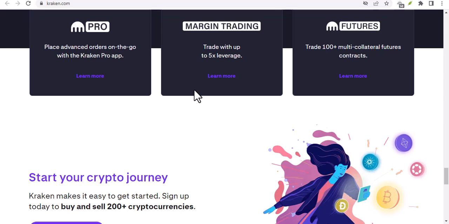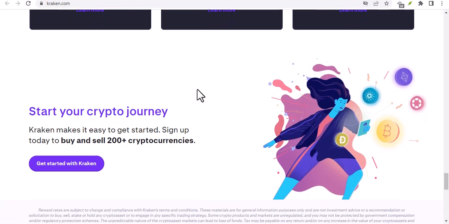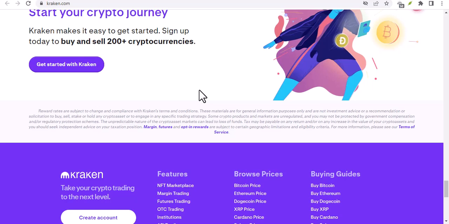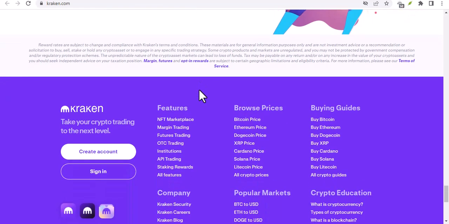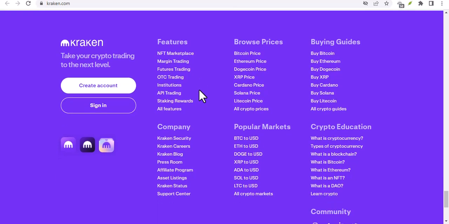ETH/USDT, trading Ethereum, ETH, with USDT. XRP/USDT, trading Ripple, XRP, with USDT. Doge/USDT, trading Dogecoin, Doge, with USDT. ADA/USDT, trading Cardano, ADA, with USDT.